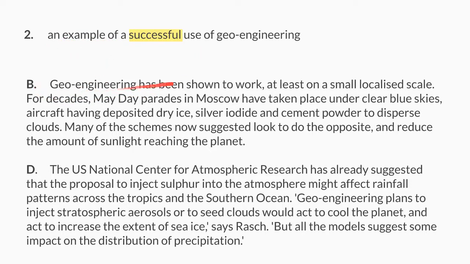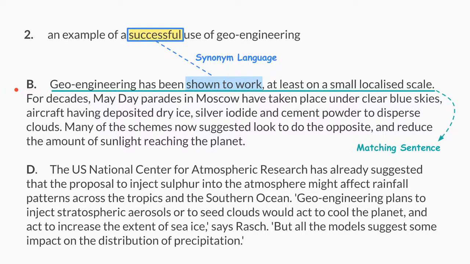So here we go. Right here, right away, I see this phrase, shown to work. Something that is shown to work is synonym language for something that is successful. It successfully works. So that is synonym language.